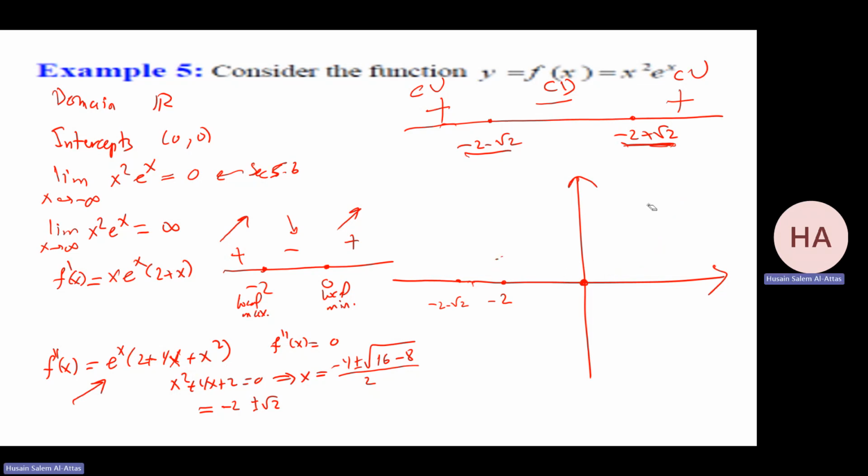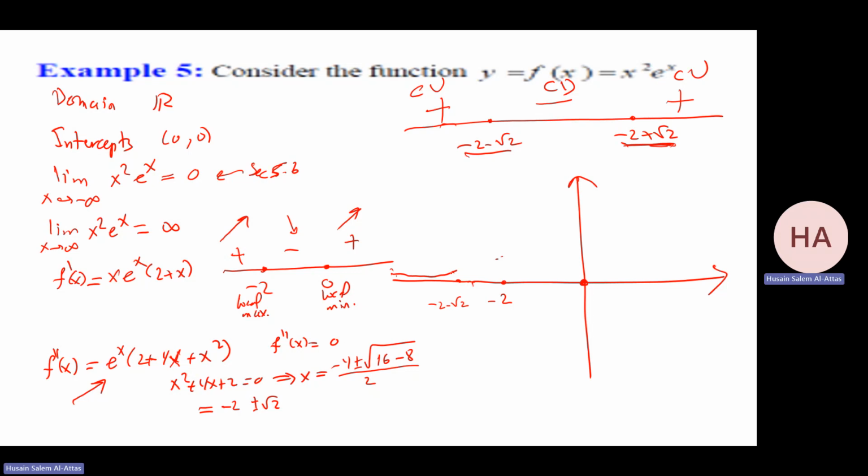Let me just do it again. Until minus 2, it's increasing and concave up. Then it will decrease. No, it will still be increasing. This is doing it slowly, huh?